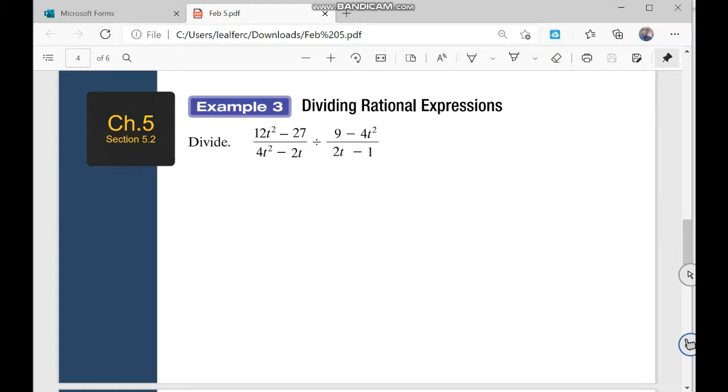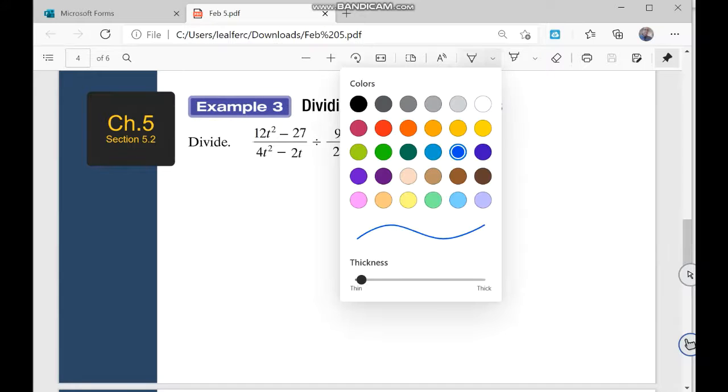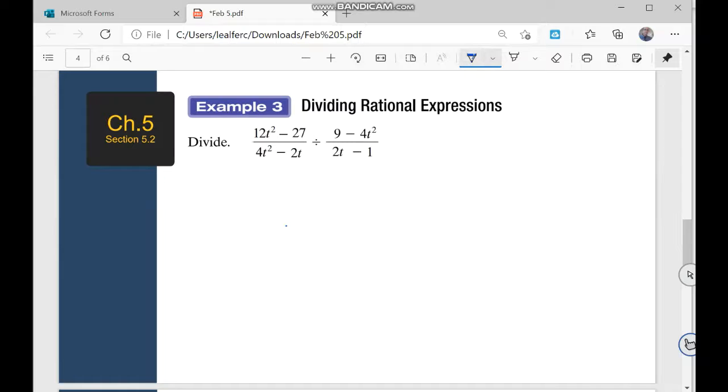And check this. We have this example where we need to divide the rational expressions. 12t squared minus 27 over 4t squared minus 2t.